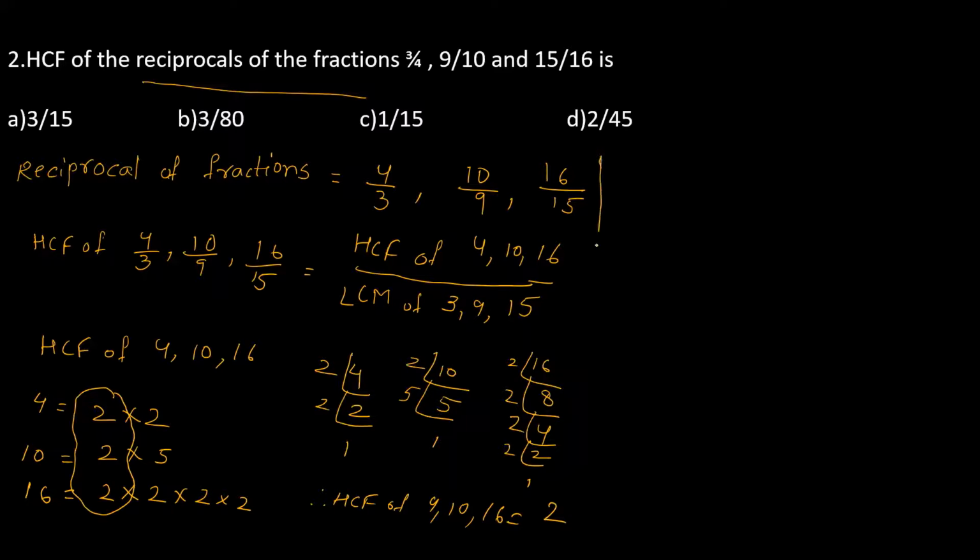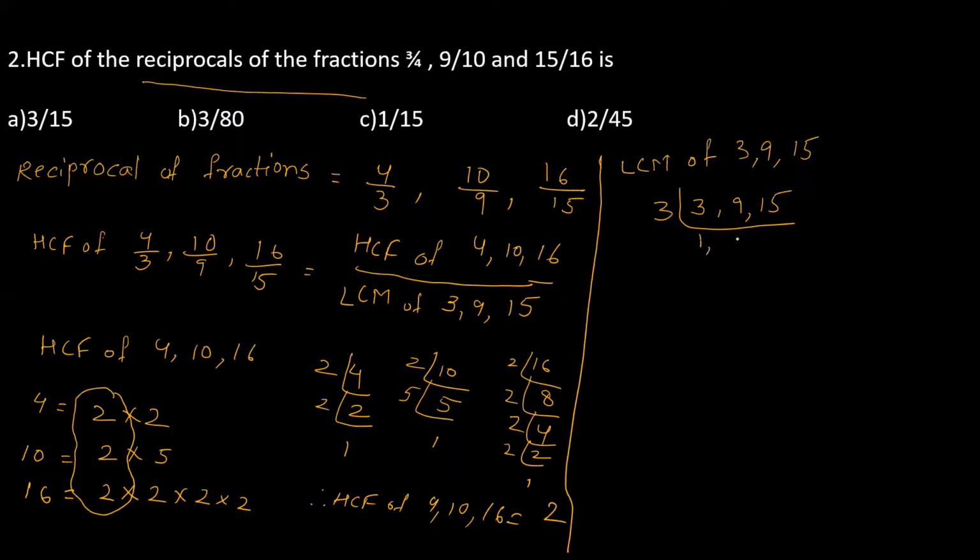Next, find LCM of 3, 9, 15. 3 1s are 3, 3 3s are 9, 3 5s are 15.